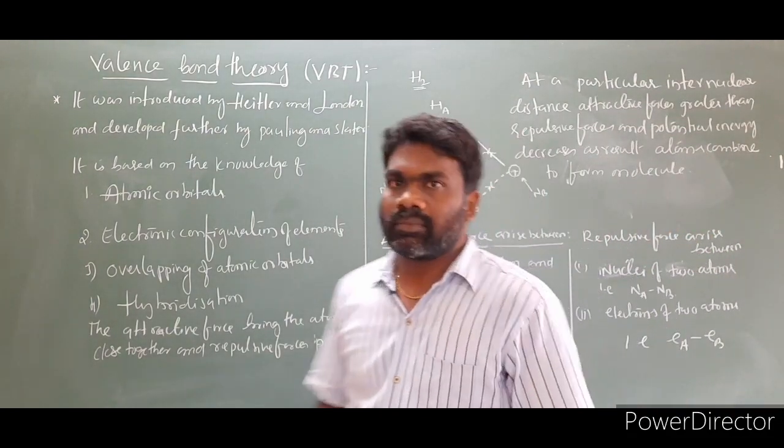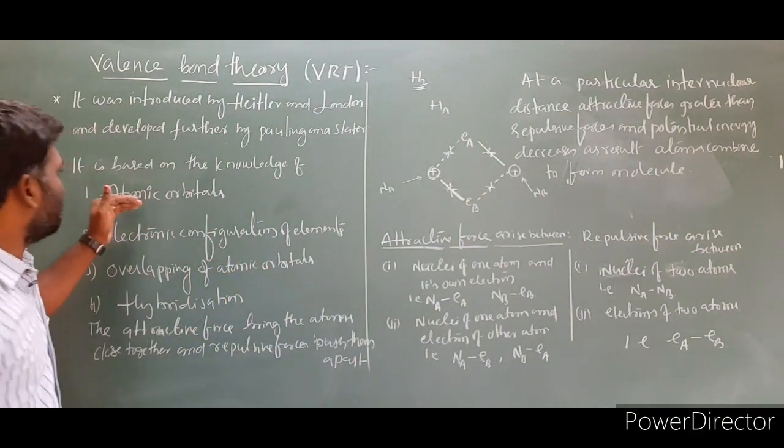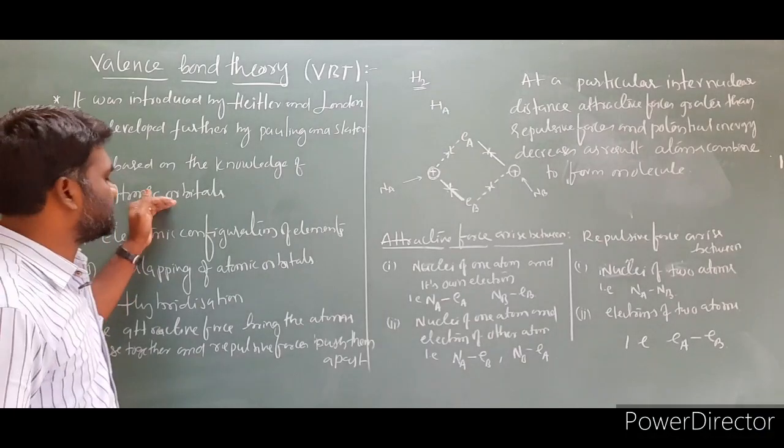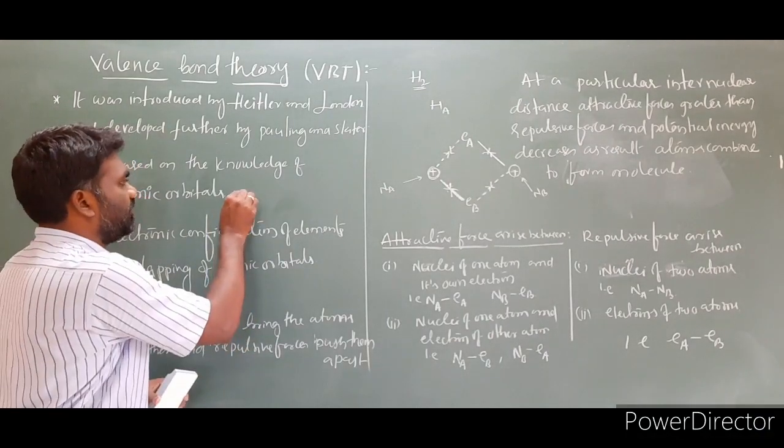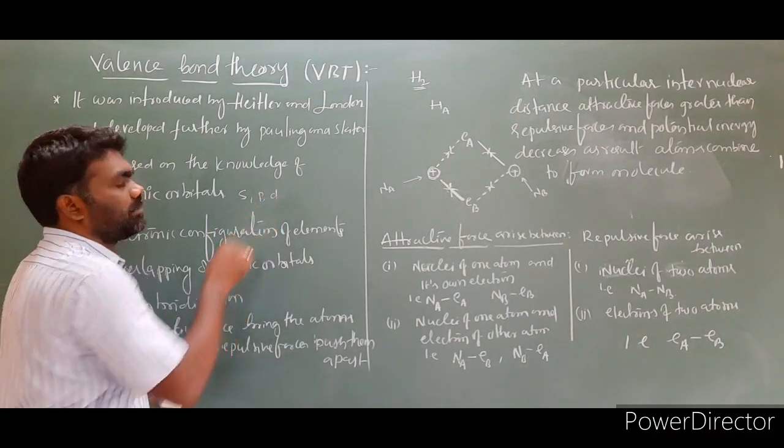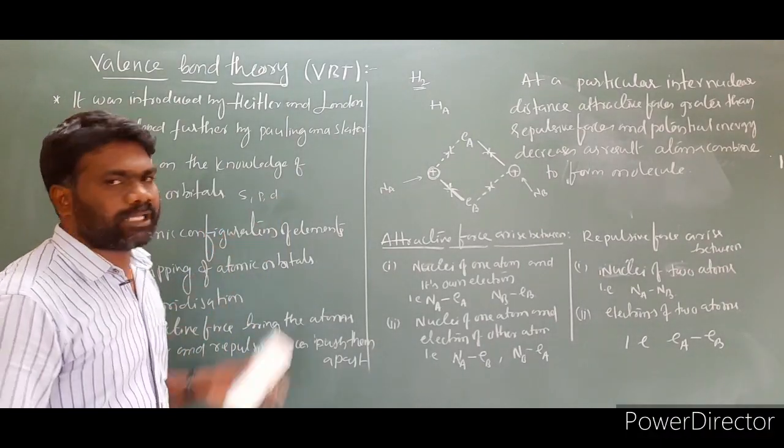We already learned in previous classes what atomic orbitals are: s orbital, p orbital, d orbital. For this topic we will use s and p orbitals.